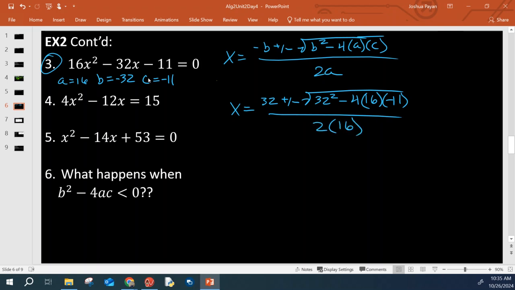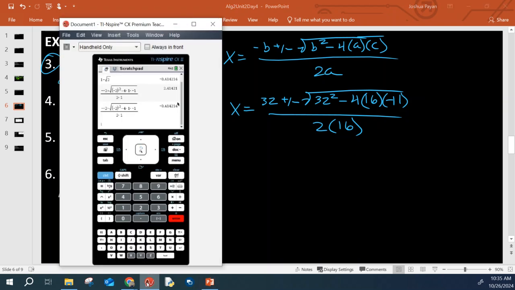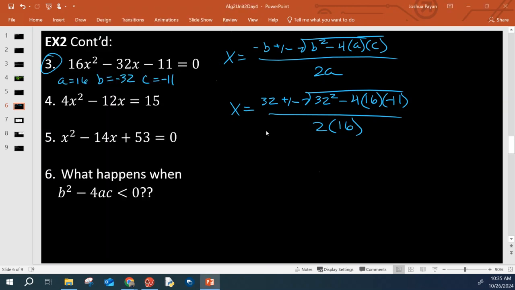So these numbers are too gnarly, but I've got all the numbers where they belong, right? So negative b, so negative 32 gives me that positive 32, b squared, right?